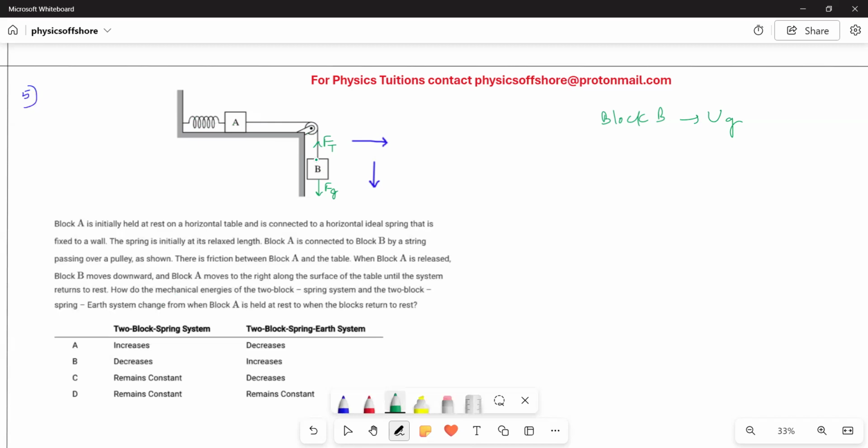Now, when we consider the two-block spring Earth system, what happens? The potential energy is utilized in doing work, so the energy decreases. Moreover, friction is also there. By the time block B reaches the ground, let us consider this as the ground, this is the height h, so U_G is equal to mgh.